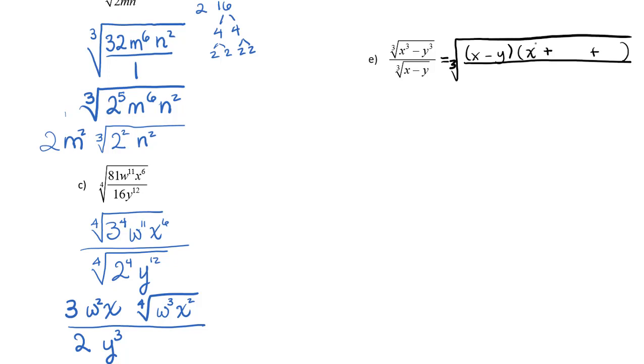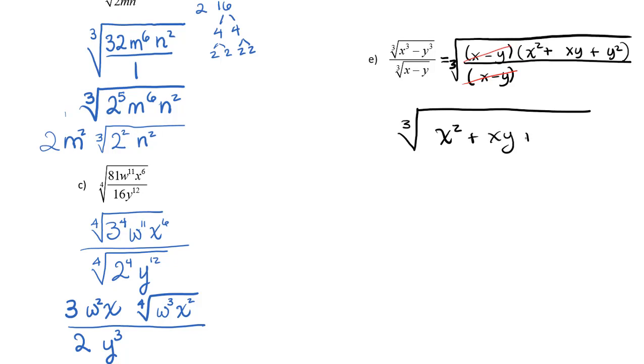I'll have an x squared, an xy, and a y squared in the trinomial factor. In the denominator, I just have an x minus y. So if I look at the factors I can divide out, x minus y divides out. So now I just have a 1 in the denominator, so I can rewrite this as the cube root of x squared plus xy plus y squared.